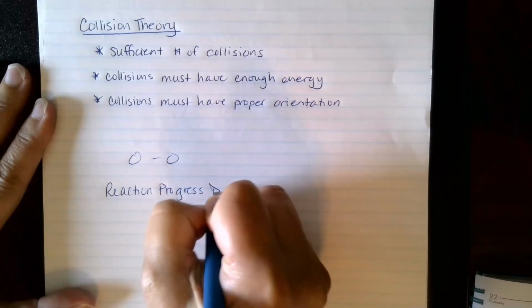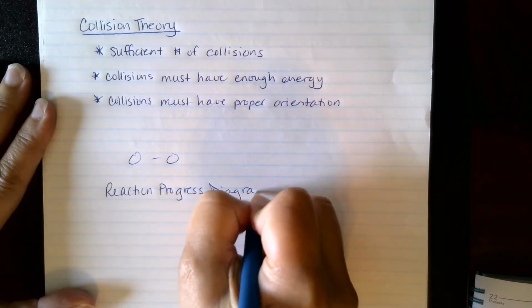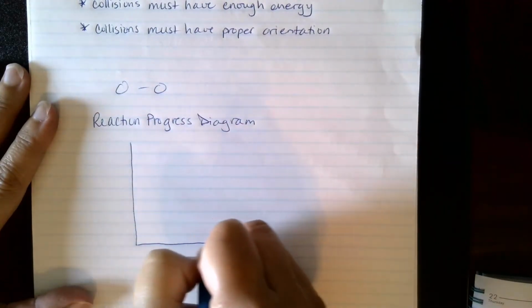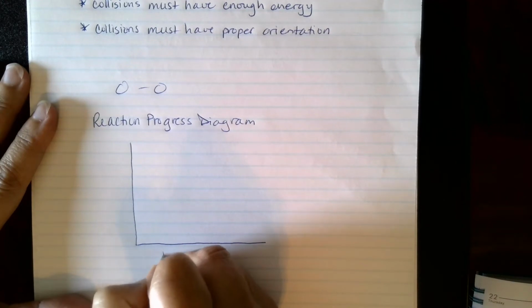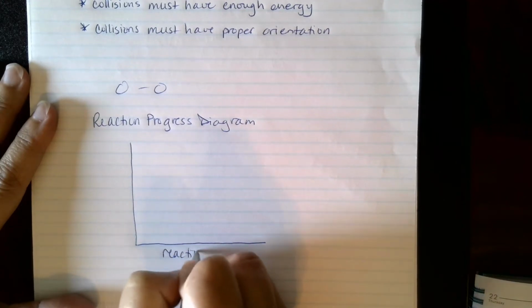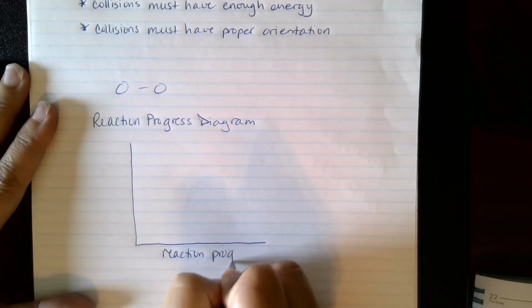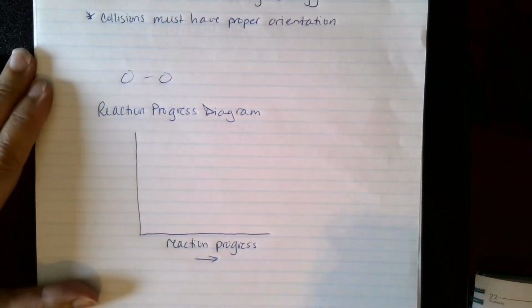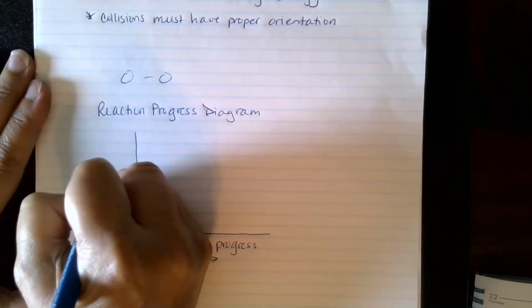We're going to look at a reaction progress diagram because you're going to see a lot of these. So we have the progress of the reaction on the bottom, meaning it's going to be going that way. And on this side we have the energy.